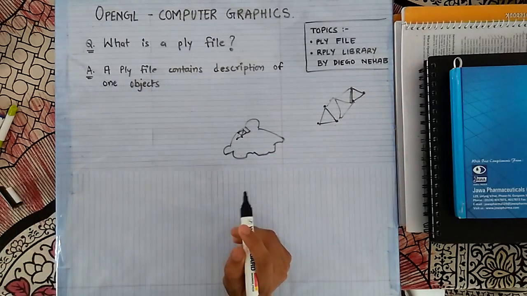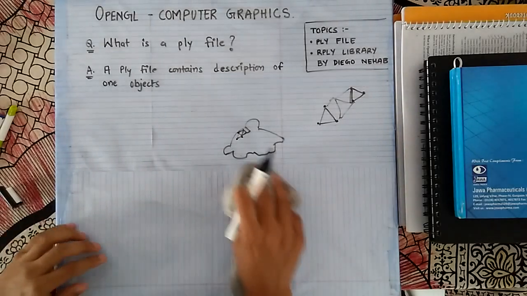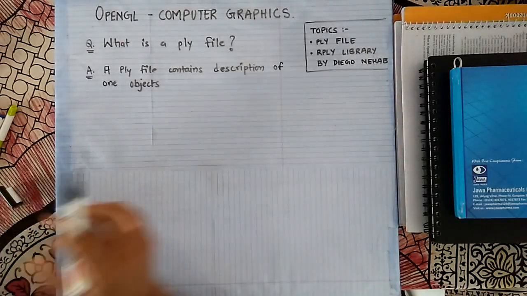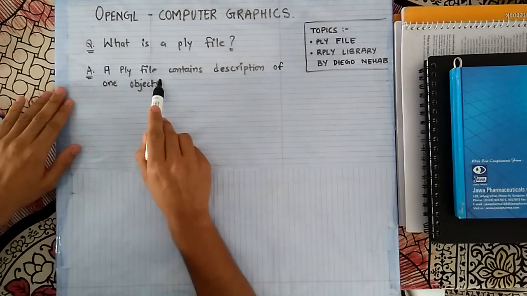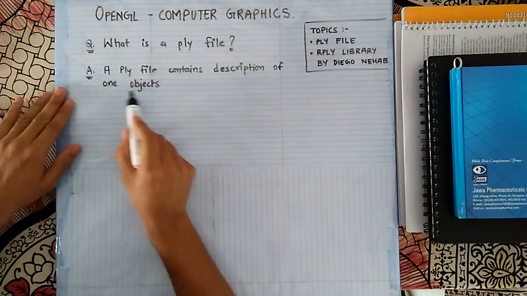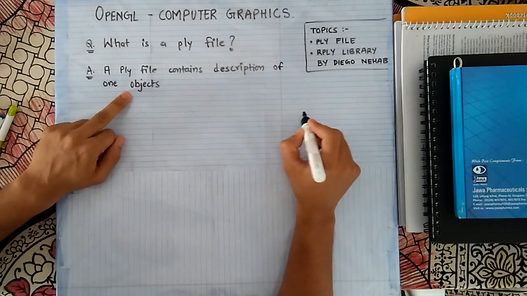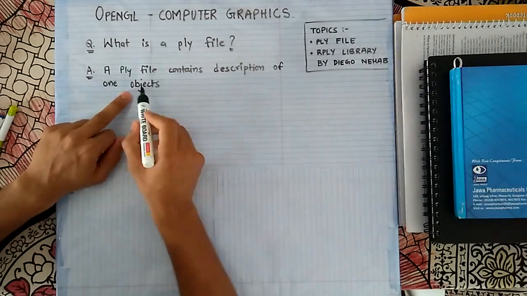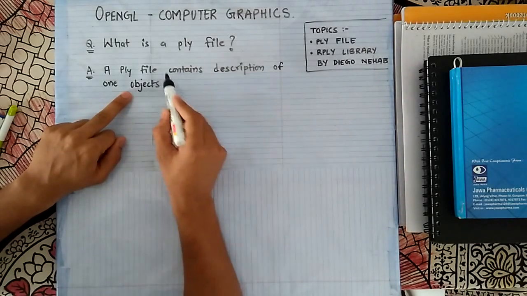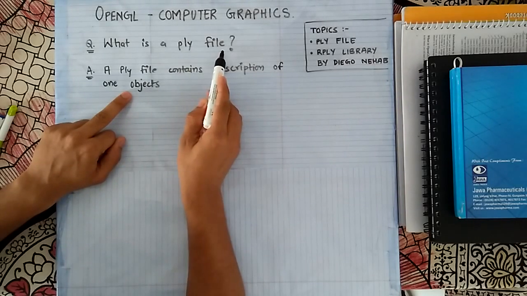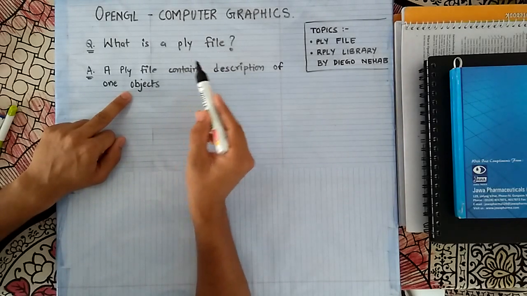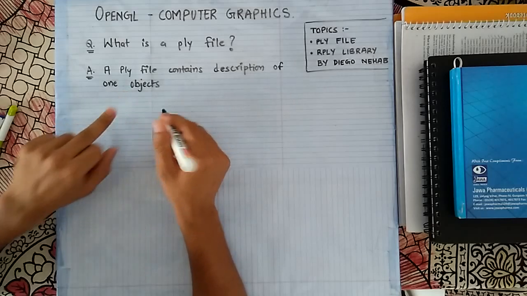So what does a PLY file contain? A PLY file contains the description of an object. As we have seen, an object can be anything, any object whose specifications are given in the PLY file. We will see an example of a PLY file in our next video lecture.